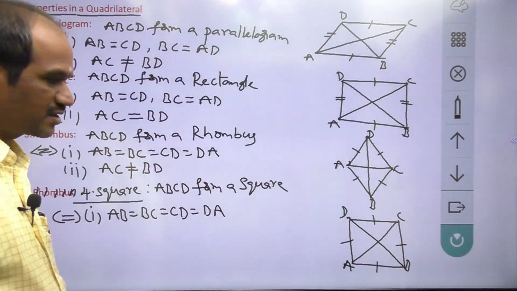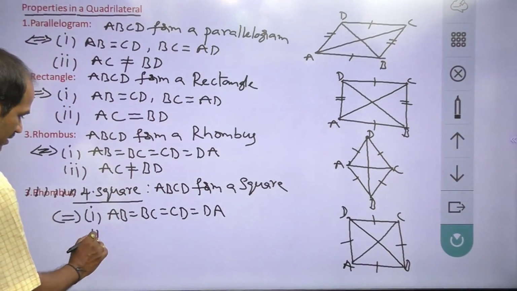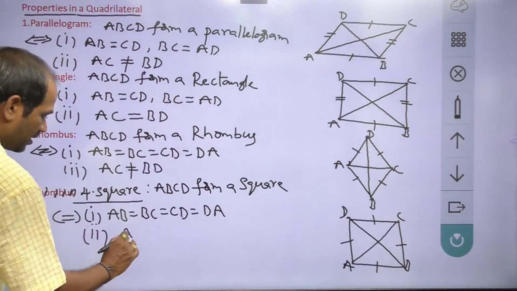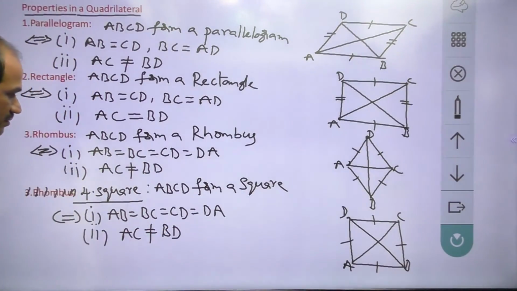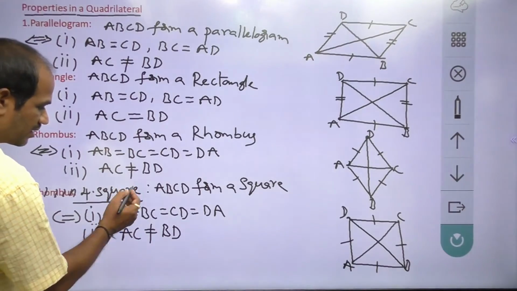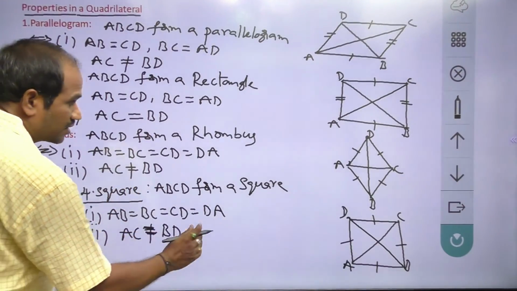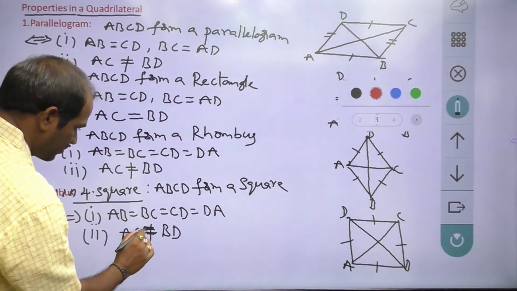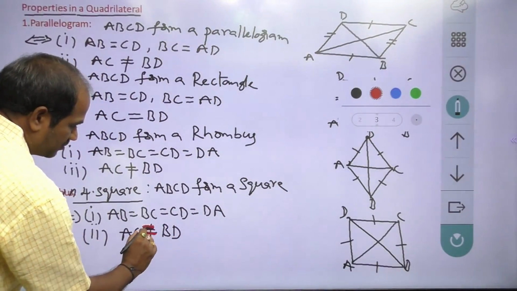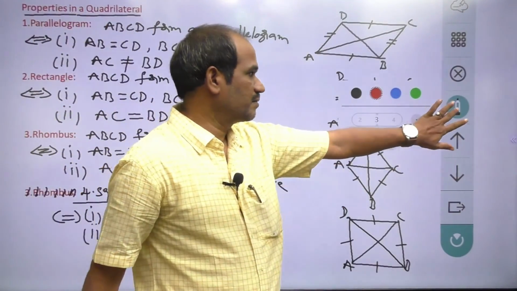In the second one, AC is equal to BD. Oh no, not unequal, it is equal.